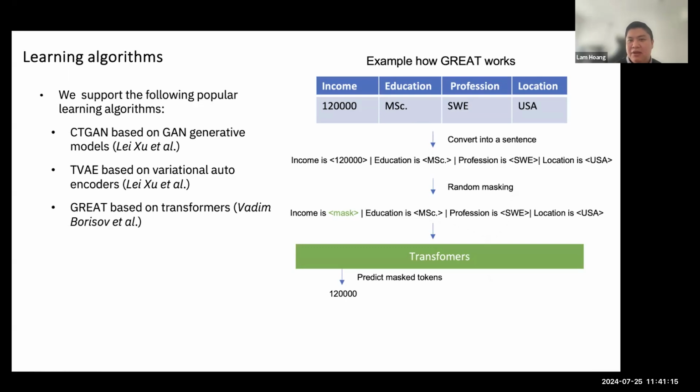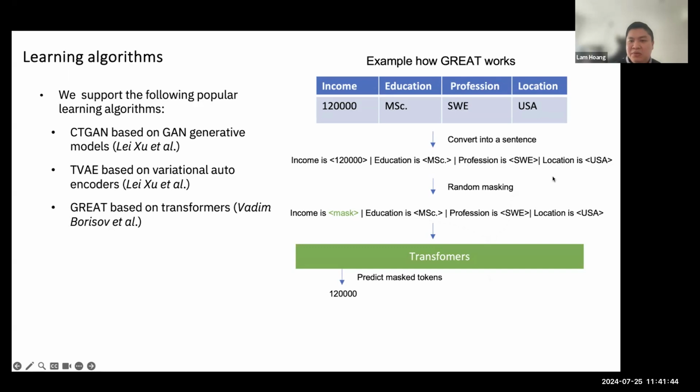For example, this is a toy example where we have a table with income, education, profession, location, and things like that. He transformed it into text by simply taking the header of the column, putting in the value, and concatenating them in this way. You can see income is 120K, education is master of science, and so on, right?